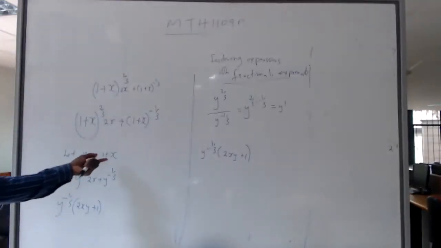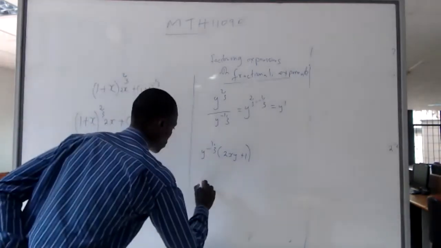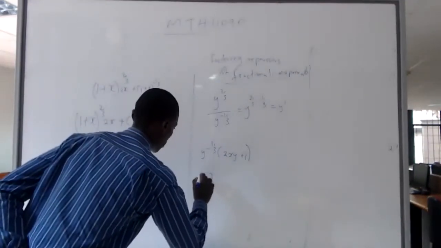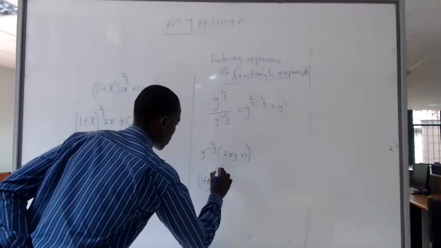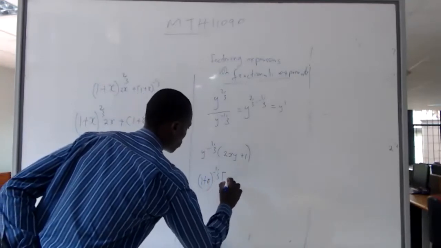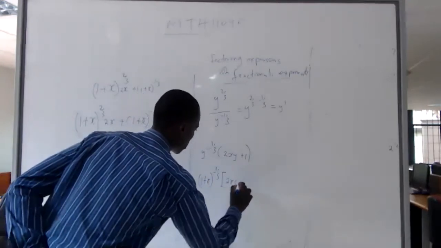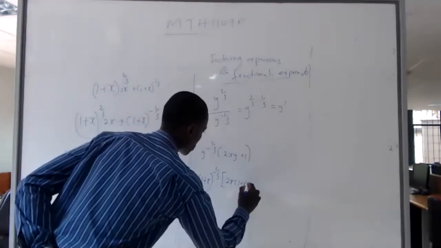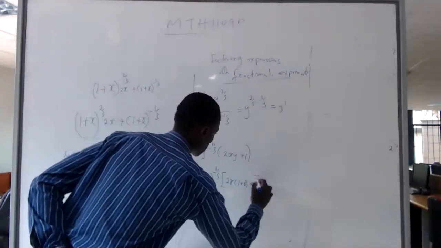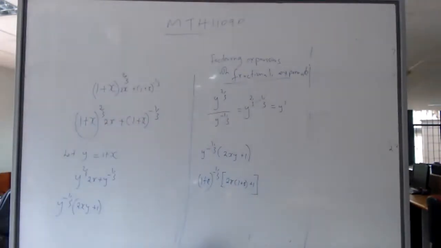And then our y is 1 plus x. So what we have is 1 plus x to the power negative a third into 2x times 1 plus x plus 1.